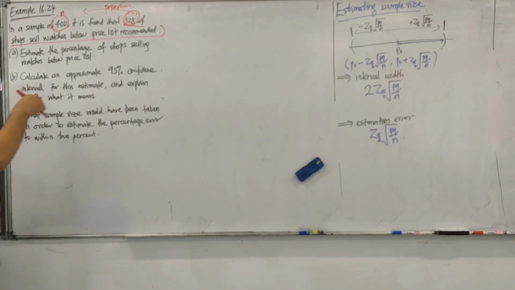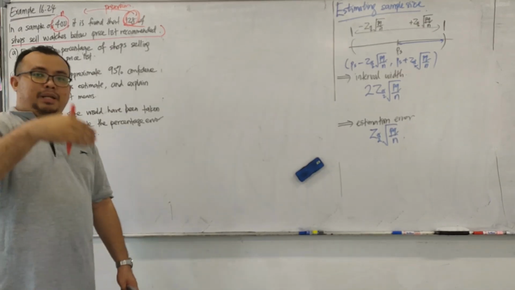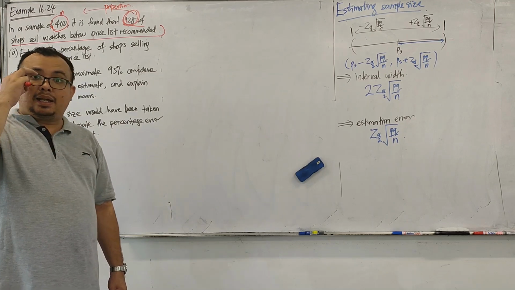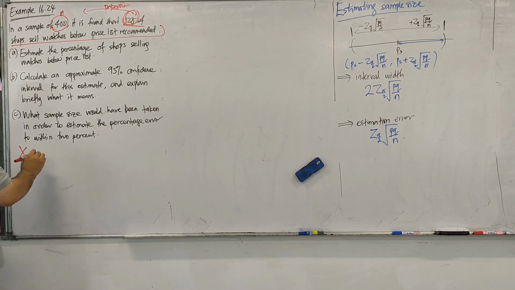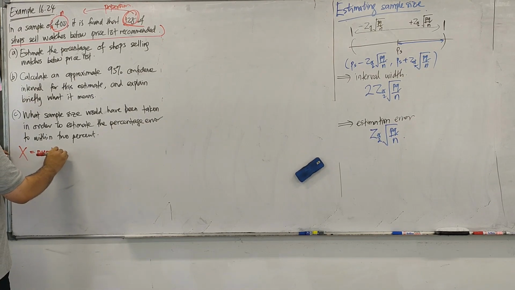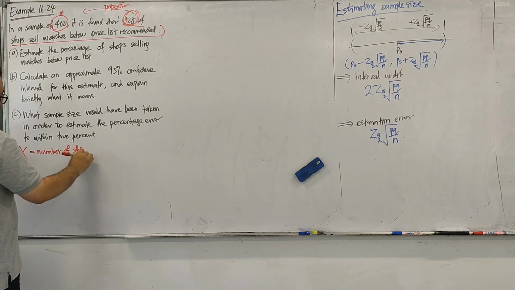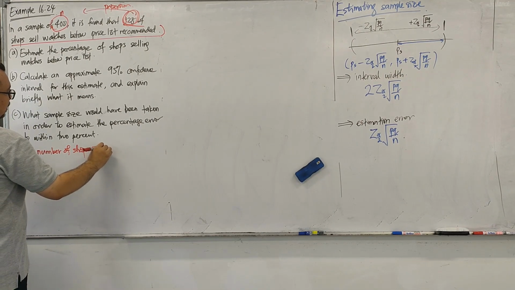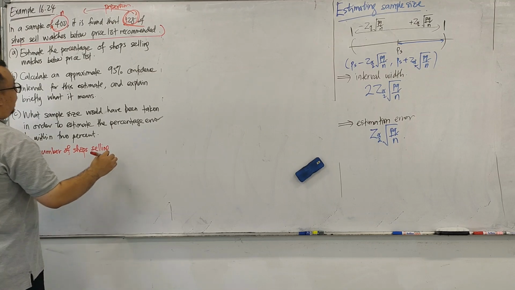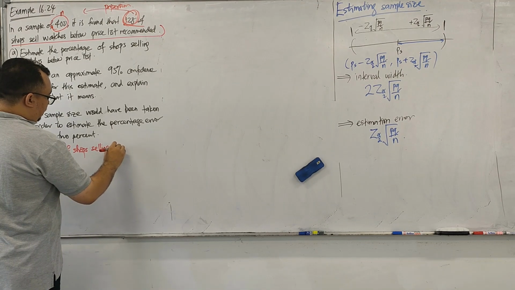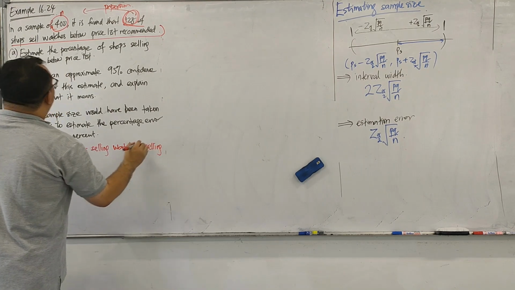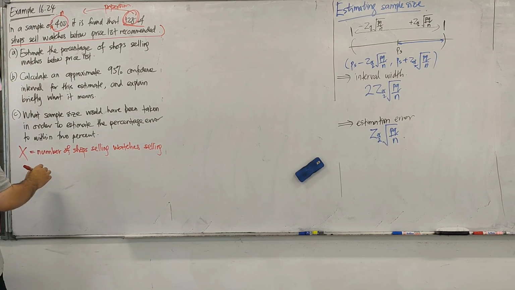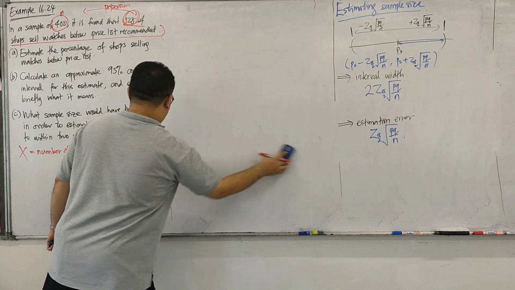So kita kena start soalan. Bila awak nak start soalan, bila awak nak start jawab, biasakan diri awak define X awak dulu. So I define my X equals to number of shops selling watches below price list recommended.